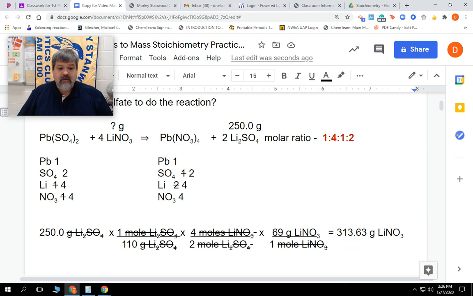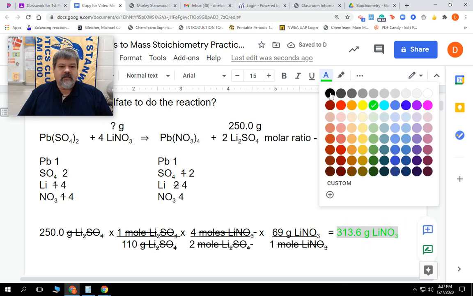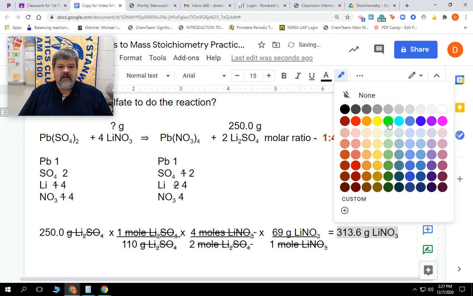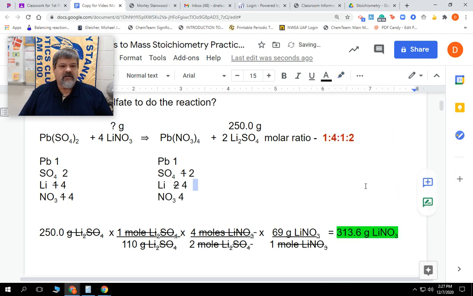We're going to put our line right there. The 3 says we drop that off, so we drop that off. And there's our final answer. We're going to highlight it with a nice bright color so we can see it. Oops, not that. Let's change that, but we're going to highlight it to a nice bright color. There we go. That's our final answer. And so far everything looks good.